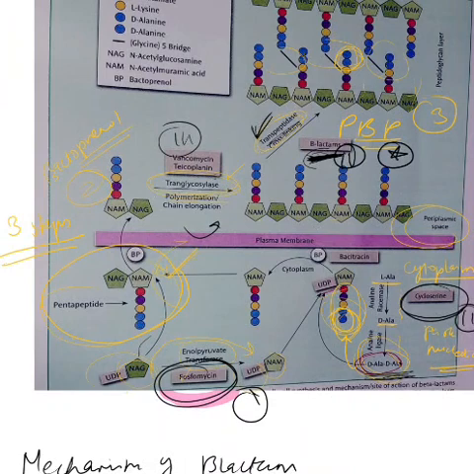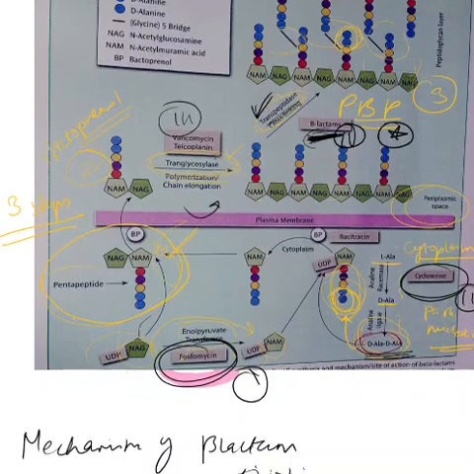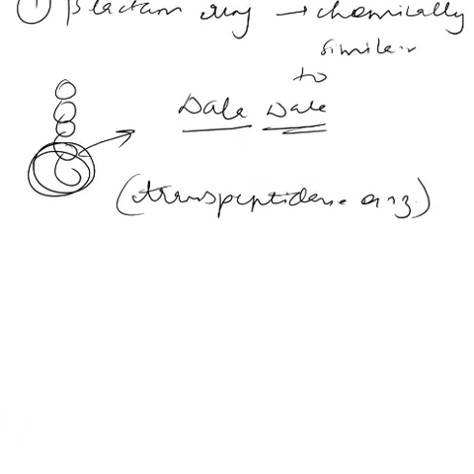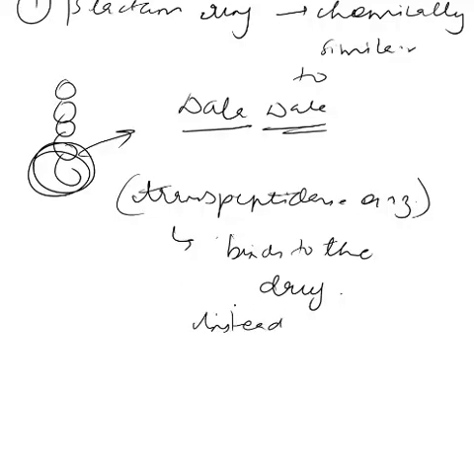Since the beta-lactam ring looks chemically similar to D-Ala, the transpeptidase enzyme mistakenly binds to the drug instead of the cell wall.